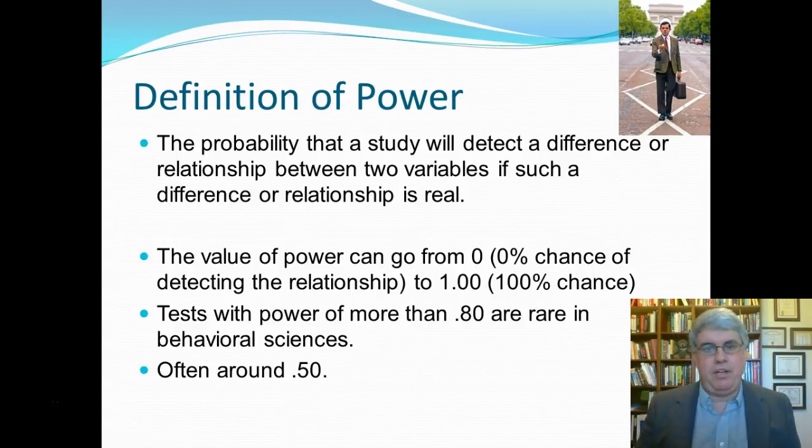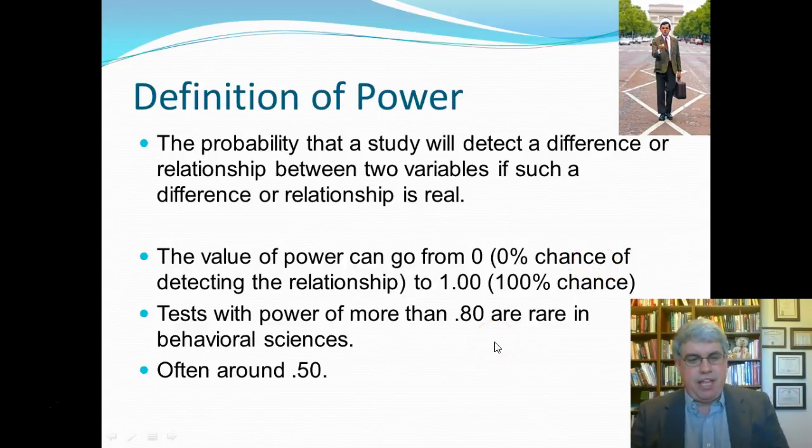Our power would be very low, but if we measured thousands and thousands of people, we're much more likely to detect that relationship. Now, it turns out that tests in the social sciences and organizational sciences with power of more than 0.80 are somewhat rare.